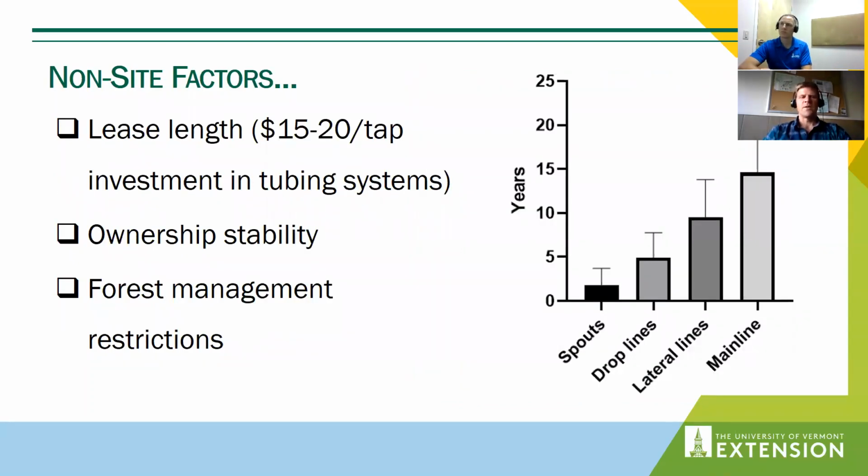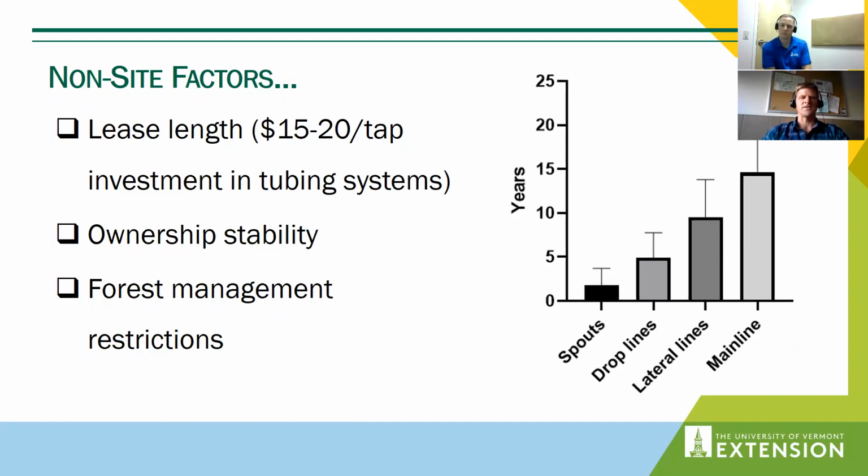Another big one, and this is going to be a little bit more on lease, developing a whole sugar bush lease, but it does factor into your per tap rate. If you're going into a brand new woods, never been tapped before, there's going to be significant investment in tubing infrastructure. It could be $15, $20 a tap. It could be less if you're totally dialed in and have the equipment.